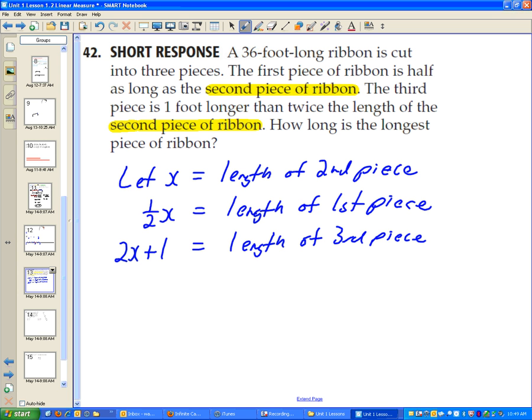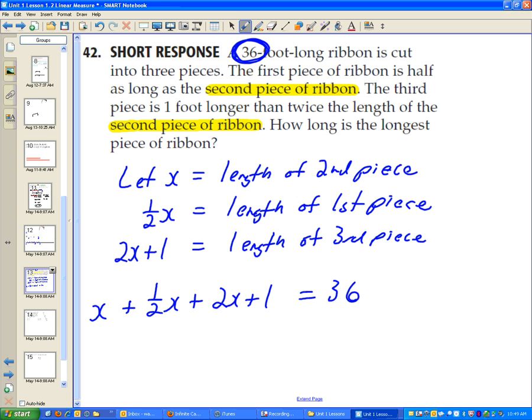All right, now that I've got these, if I add the 3 pieces together, how long is it? So I need to add them all together and make it equal 36. Now, we have options here on our equation.